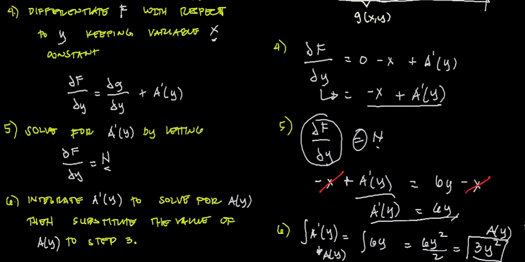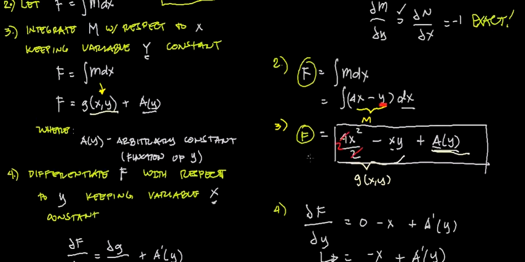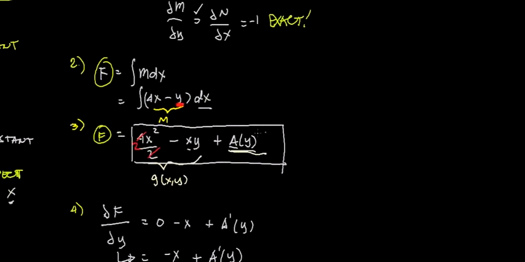Okay, and then we need to substitute the value of our A(y) to step 3. So our A(y) is 3y squared. So we need to substitute it to our value in step 3. So this is our step 3. Let's rewrite it. So we have our value is 2x squared minus xy plus our A(y), right?